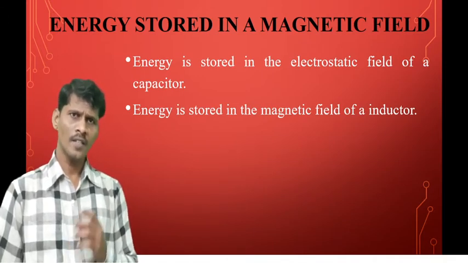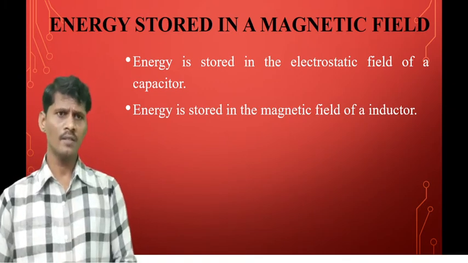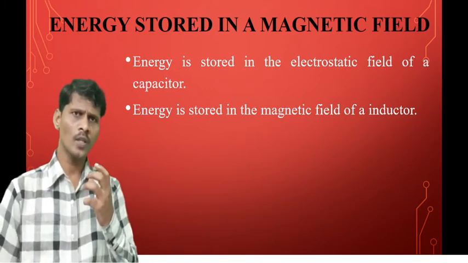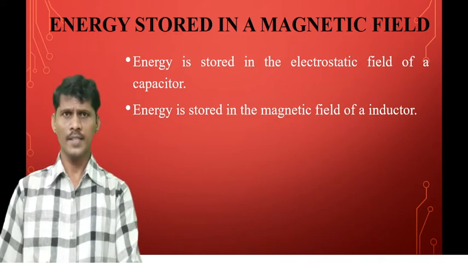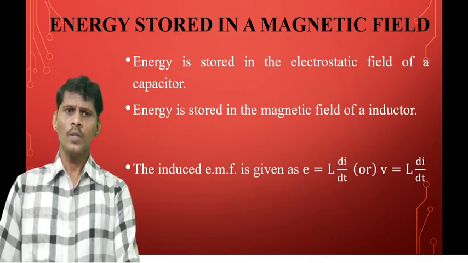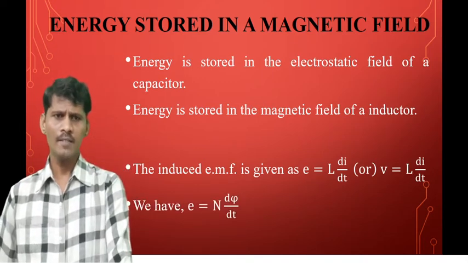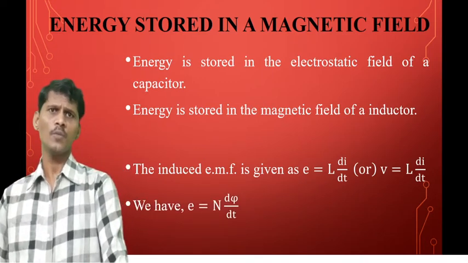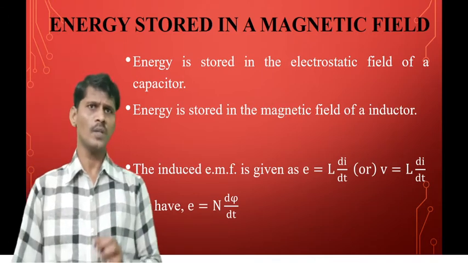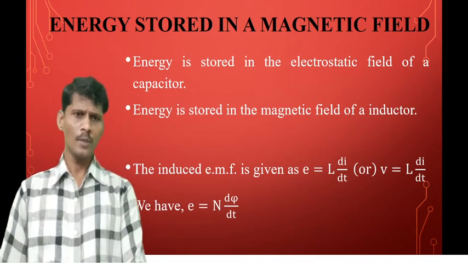Capacitor is the energy storage element in electrostatics. Inductor is the energy storage element in magnetostatics. We know that the induced EMF e is equal to L into di by dt, and also the induced EMF e is equal to N into d phi by dt.